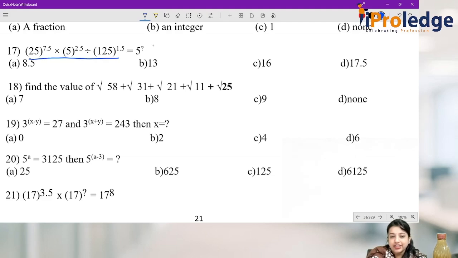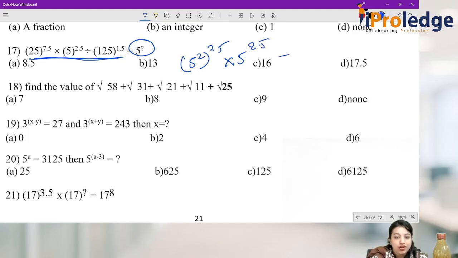So on the right hand side we have 5, and the left hand side should be converted to 5. What happens? 25 is written as 5 square whole power 7.5, into 5 to the power of 2.5 divided by 125 is written as 5 cube whole power 1.5, which is equal to 5 power question mark.